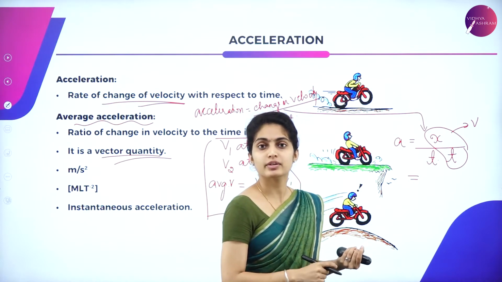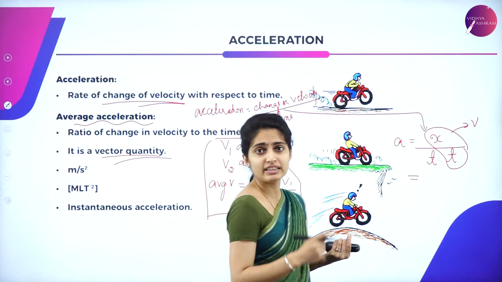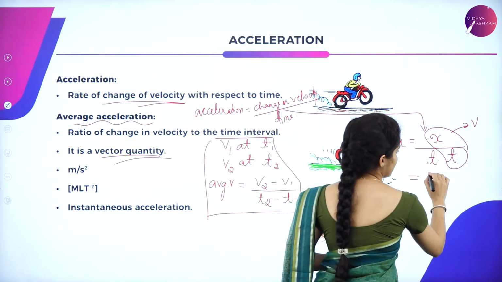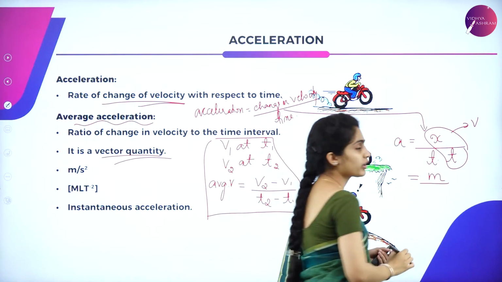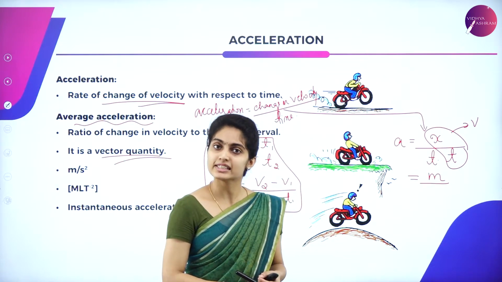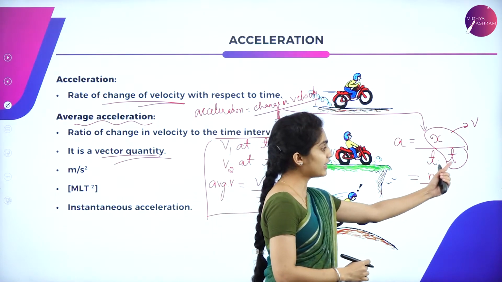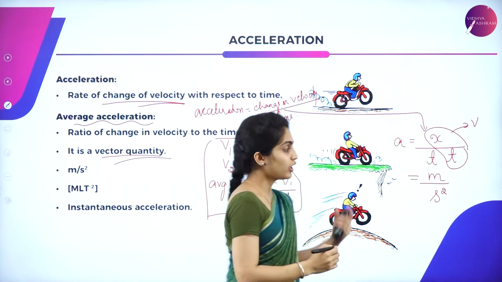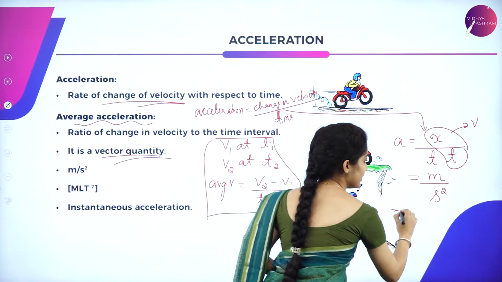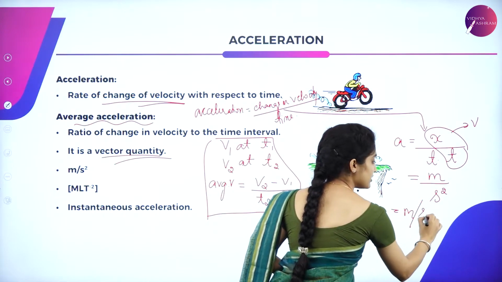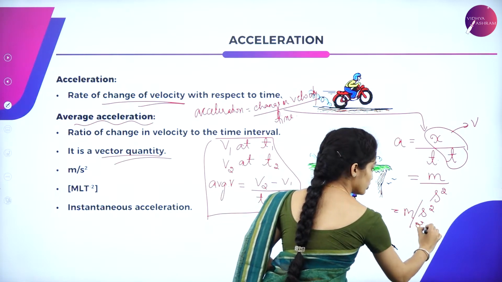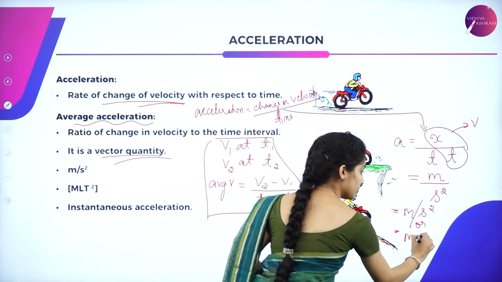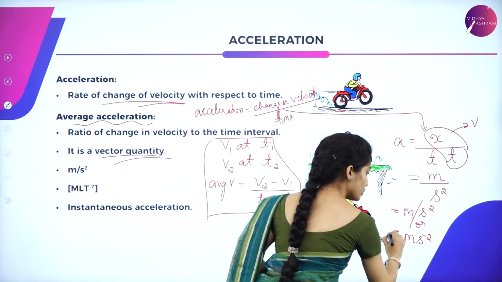How do you mention the SI unit of a length? It is meter. And what is the unit of time? It is seconds. So there is t into t, so it is t square, that is s square. So what is the SI unit? It is meter per second square, or you can also write it as meter second minus 2.